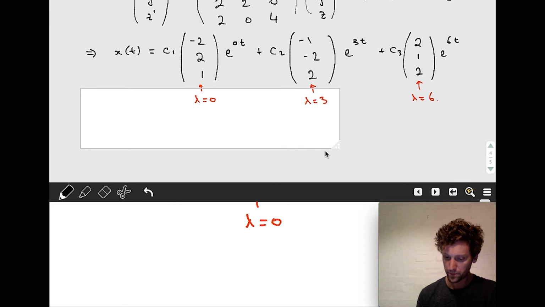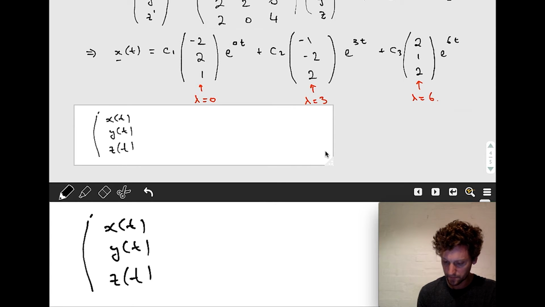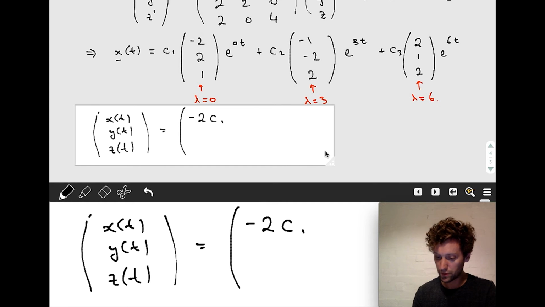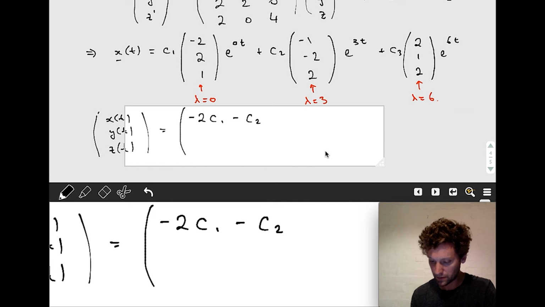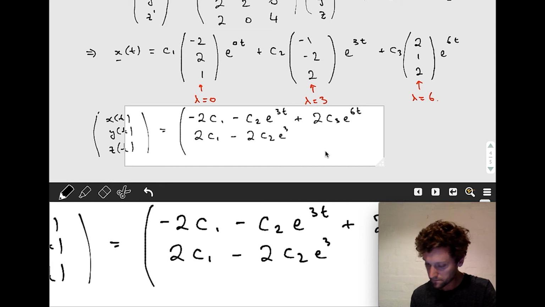So this is the vector x, so I get x of t, y of t, z of t equals minus 2c1 e to the 0t, so e to the 0 is just 1, minus 1 times c2 e to the 3t, plus 2 times c3 e to the 6t, and so on for the other rows. 2 times c1 minus 2 times c2 e to the 3t, plus c3 e to the 6t.